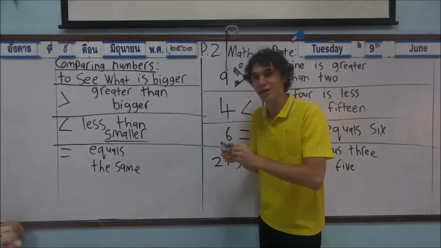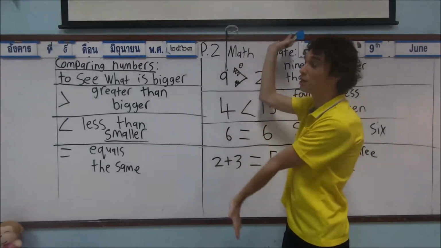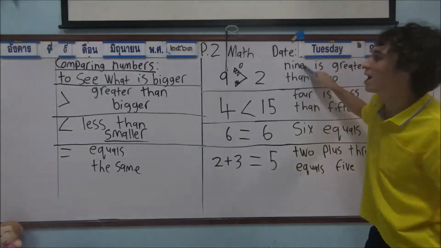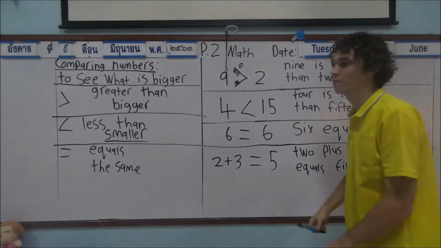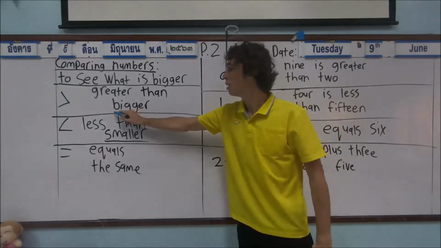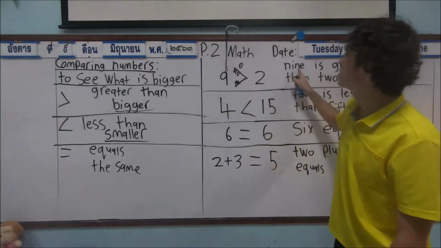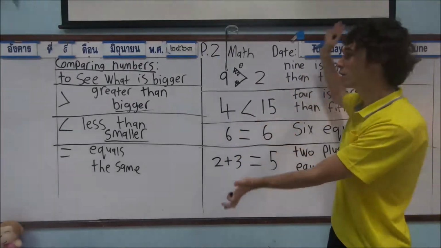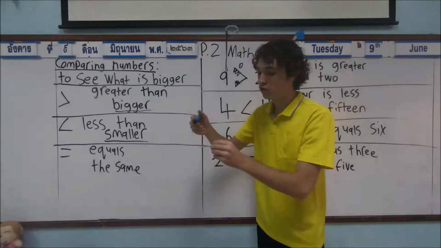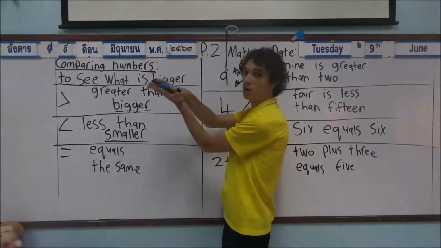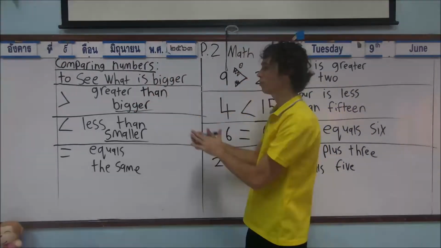He is hungry. He wants to eat the big number. 9 is greater than 2, or bigger. 9 is bigger than 2. That's greater than. Eat the big number.